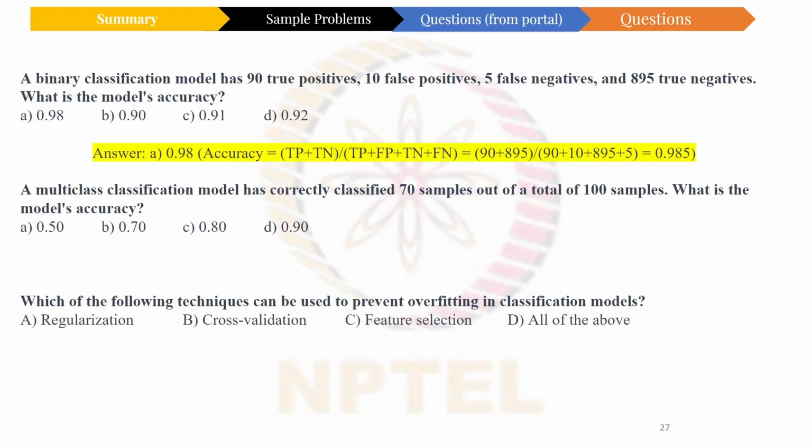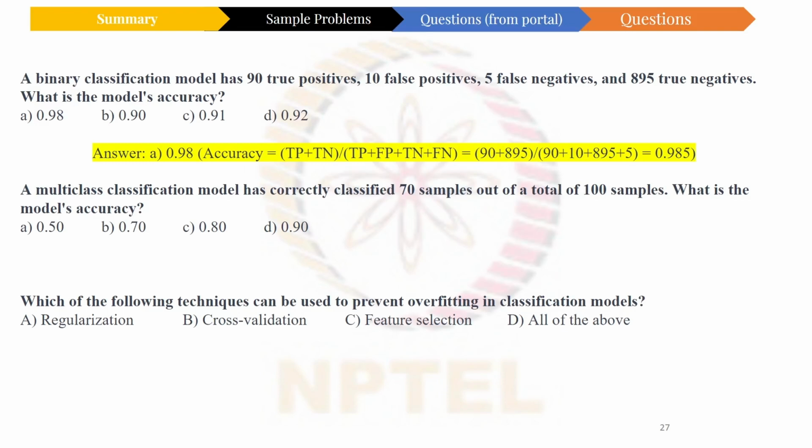The accuracy is calculated as true positive plus true negative divided by true positive plus false positive plus true negative plus false negative. So we have 0.985, which is rounded off here.